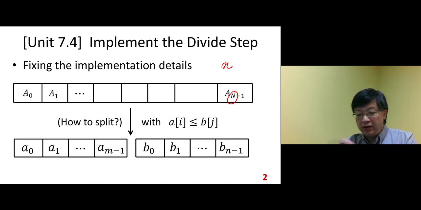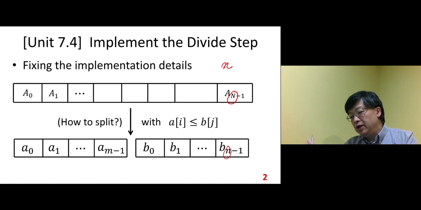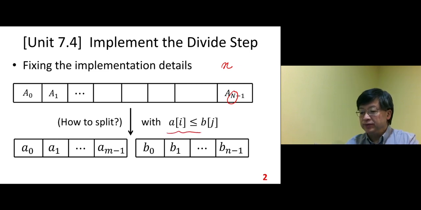So when we split, we get two subarrays. We use the size m and n, so here we do not want to get confused with the original data size. All right. So the critical condition for the split is this.